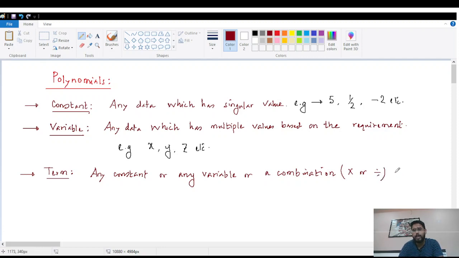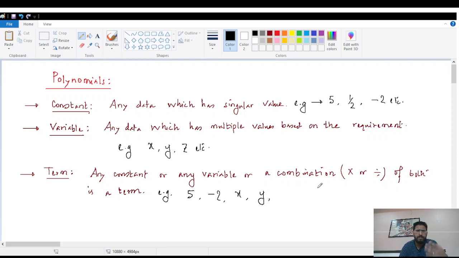A term can be a singular constant also, like 5 or -2. At the same time, anything like x or y are also terms.